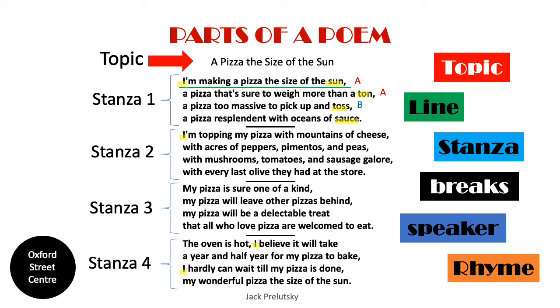We label it as B. Sauce rhymes with toss, so that's another B. You can keep labeling the rest of the lines till you reach the end of the poem.